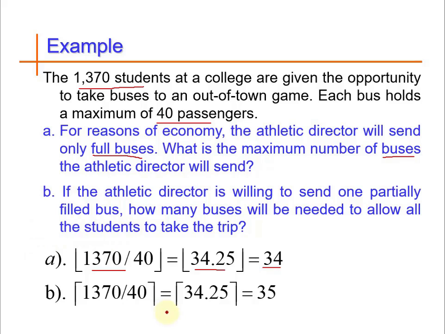So for all students and a partially filled bus allowed, we take the ceiling function and we get 35. So now 35 is the number of buses to take all the students, in which one bus is partially filled.